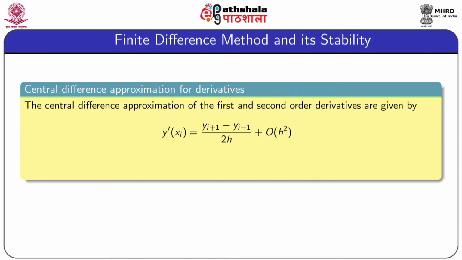That means the first derivative dy/dx at xi is approximated as (yi+1 minus yi-1) divided by 2h plus order of h square, and the second derivative d2y/dx2 at xi is approximated as (yi+1 minus 2yi plus yi-1) by h square plus order of h square. So, these are the first order and second order approximations to central differences.